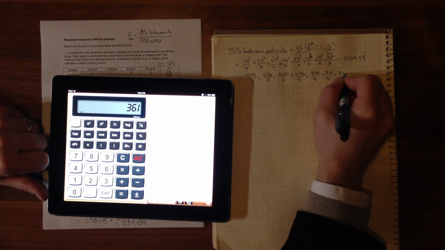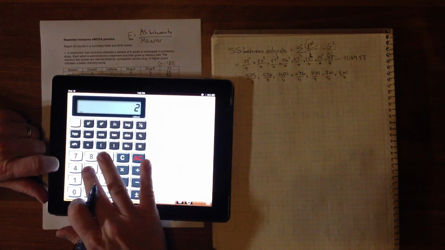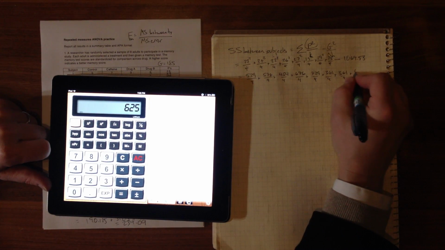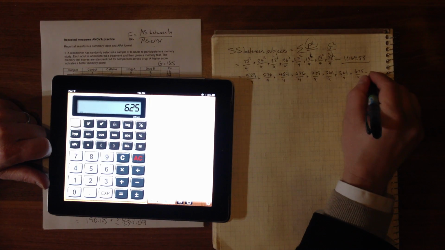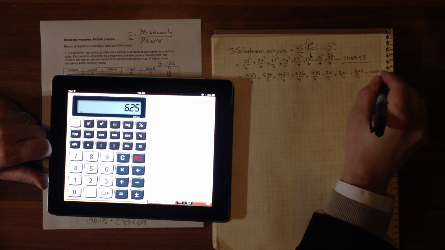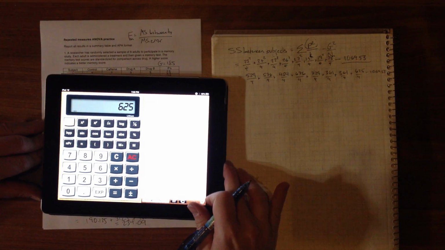We had 2 of those. And finally 25 squared is 625. And don't forget to subtract this term, 1069.53. Almost off the edge of the paper.